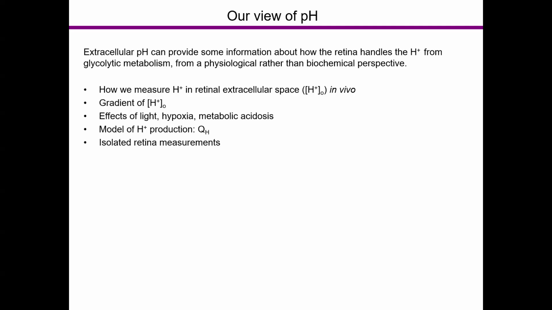Then I'll talk about our model of hydrogen ion production and its appearance in the extracellular space. That's Q sub H. And I'll just make a couple of comments about isolated retina measurements as well.